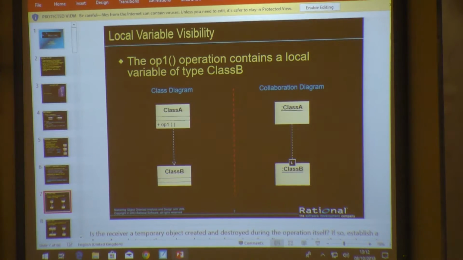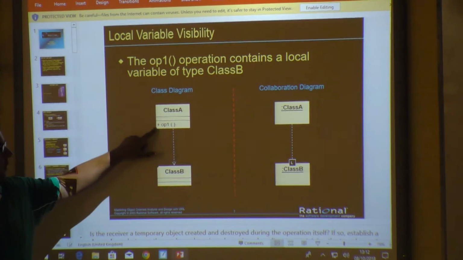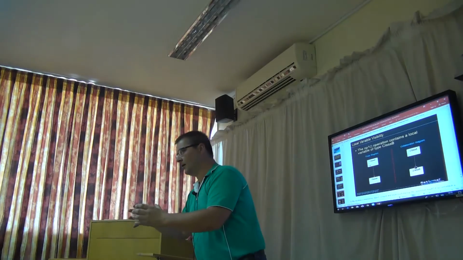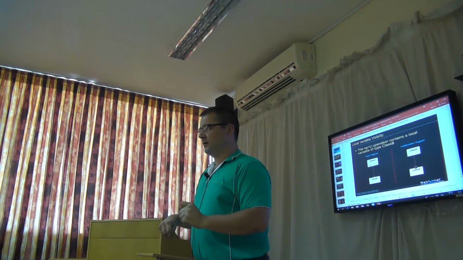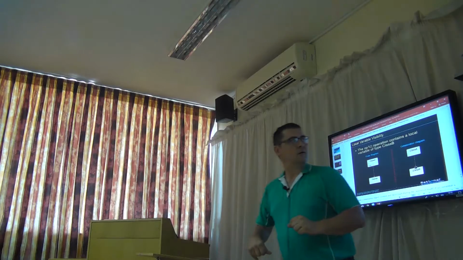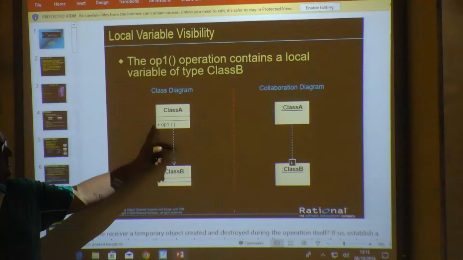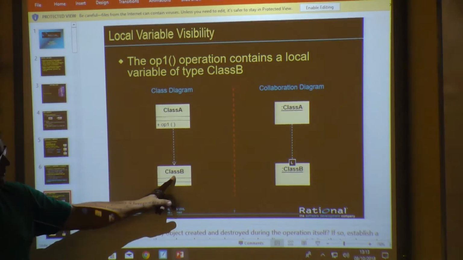So what we are seeing is that if it's a local variable reference, and we have this in our class diagram, we might have operation 1. Inside operation 1, which is a method that we have there, we might go and create an object of class B. So inside this method, operation 1, there's an object of this class.